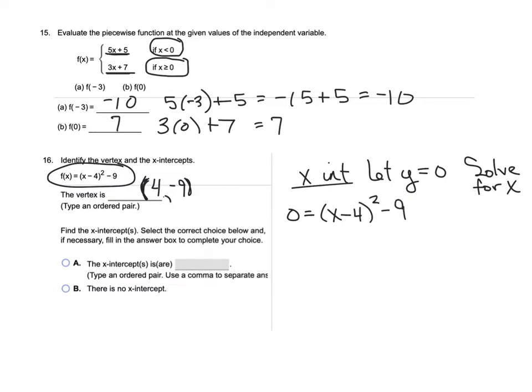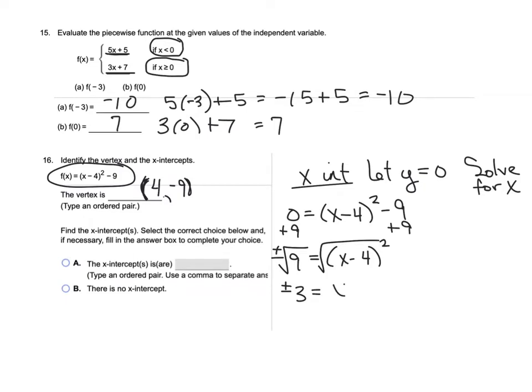And now we just have to solve for x, so we're going to use the square root property. Let's clear 9 to the other side. That gives us 9 equals x minus 4 squared. So now we can take the square root. The square root property says if you take the square root of both sides, you must include plus and minus. So that's positive and negative 3.